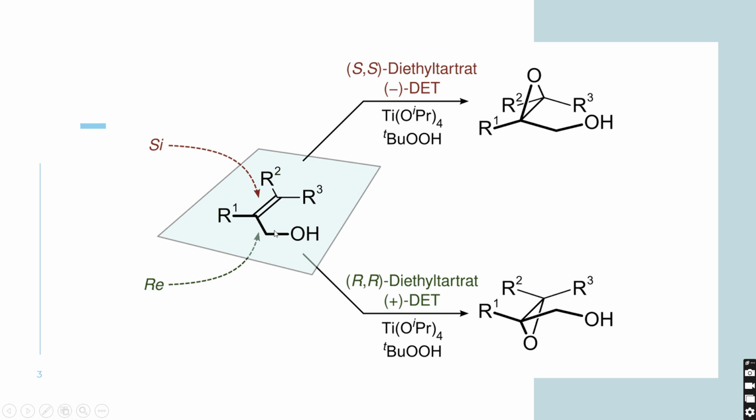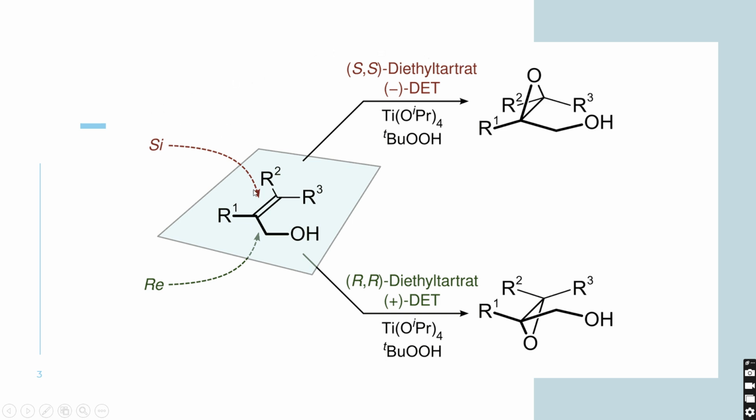In that case, if we have plus diethyl tartrate or diisopropyl tartrate (DIPT), the plus isomer is going to give us epoxidation from the bottom face, which is the re face. And if we have the minus isomer of either DET or DIPT, we are going to get the epoxidation from the si face, which is the above face.